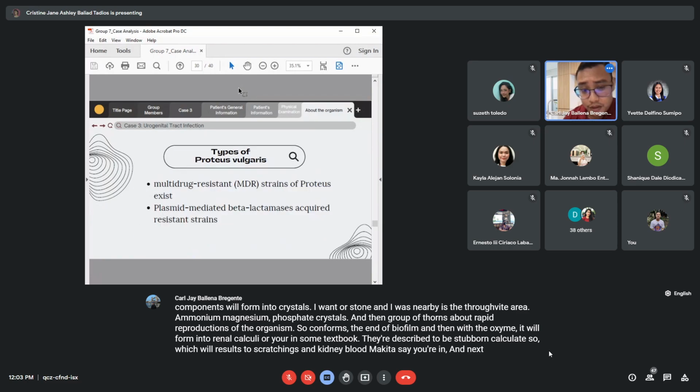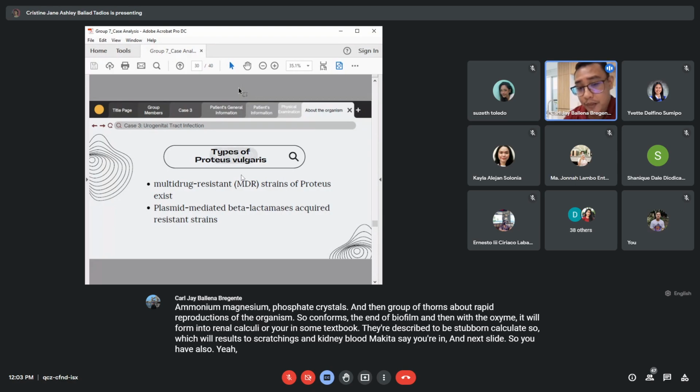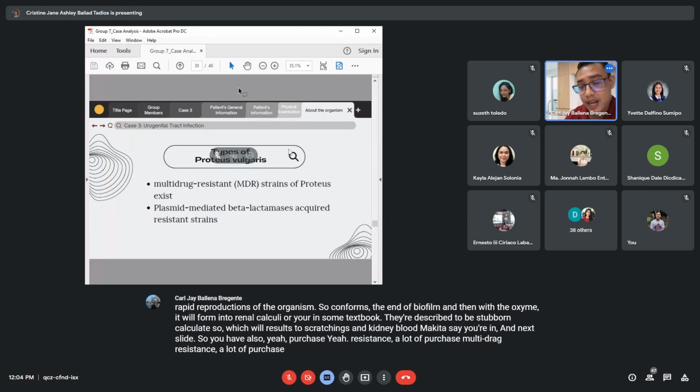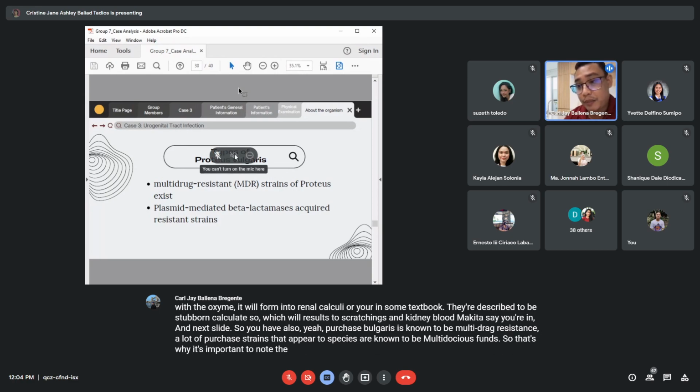Next slide. So you have also, yeah, Proteus vulgaris is known to be multi-drug resistant. A lot of Proteus strains, a lot of Proteus species are known to be multi-drug resistant. So that's why it's important to note the susceptibility pattern for Proteus organisms.